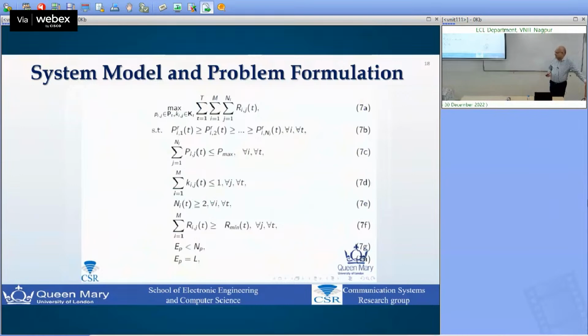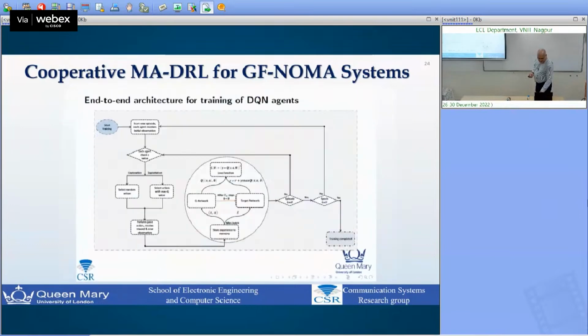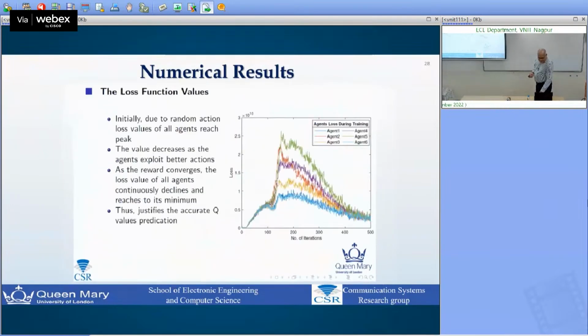That's why we use machine learning: when we have thousands of devices, the conventional optimization methods have very high complexity and are time consuming. Once you train it, that's it. They can quickly select two parameters.